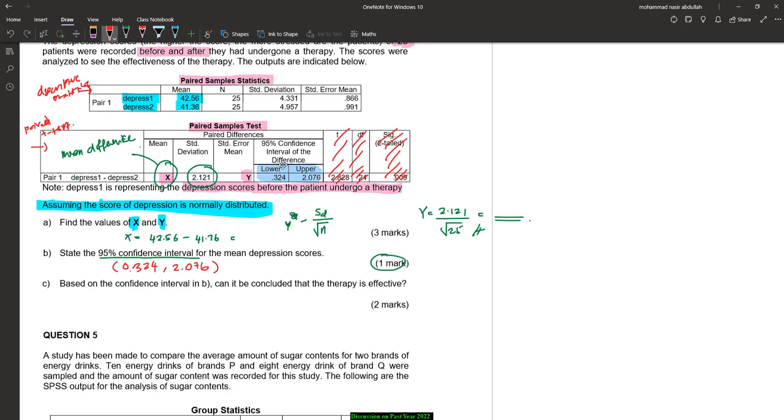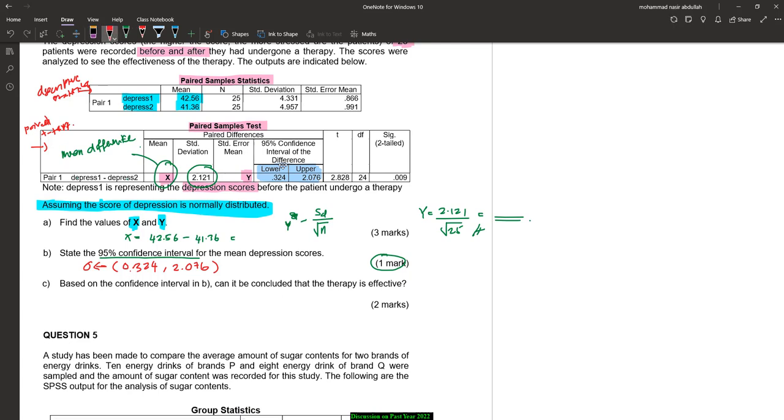Kalau dia tak included, maksudnya zero ni kat luar, maksudnya p-value will be less than 0.05, we will reject null hypothesis and we accept alternative hypothesis. That's the relationship between p-value and the confidence interval.